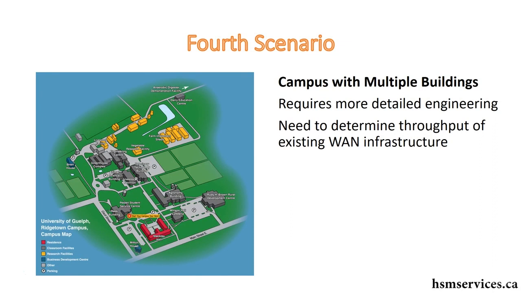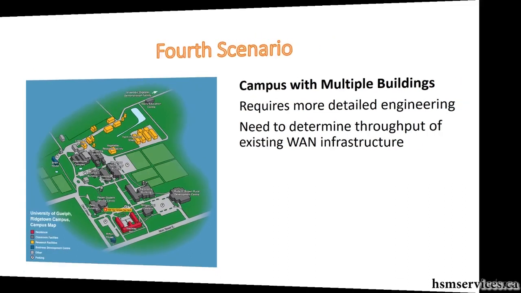And you need to figure out what the throughput of your WAN or your LAN is before you do any work, because especially if you don't have Wi-Fi or you don't have very good Wi-Fi, and then you drastically increase the coverage, and you've got a lot of foot traffic, a lot of people walking around with laptops and smartphones, and all of a sudden they can connect to the Wi-Fi, you're going to see a staggering amount of traffic coming through, and it could cripple your network. So you need to think about that.